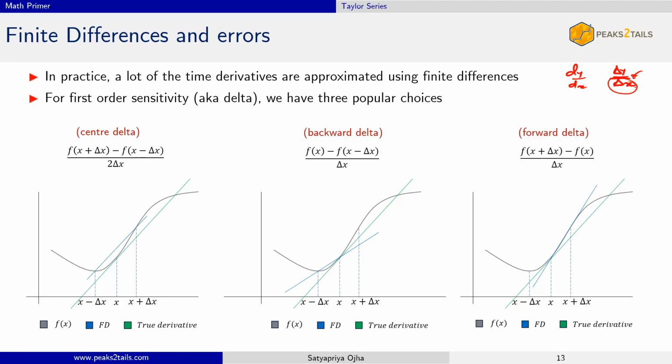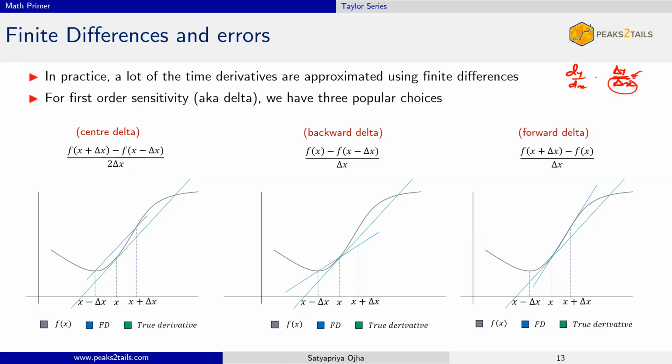That is called finite difference, because you are shocking or bumping up the input by a finite amount. It's not infinitesimal anymore. It is a finite amount, like 1 basis point or 1%. And then measure the change in y, take the ratio.